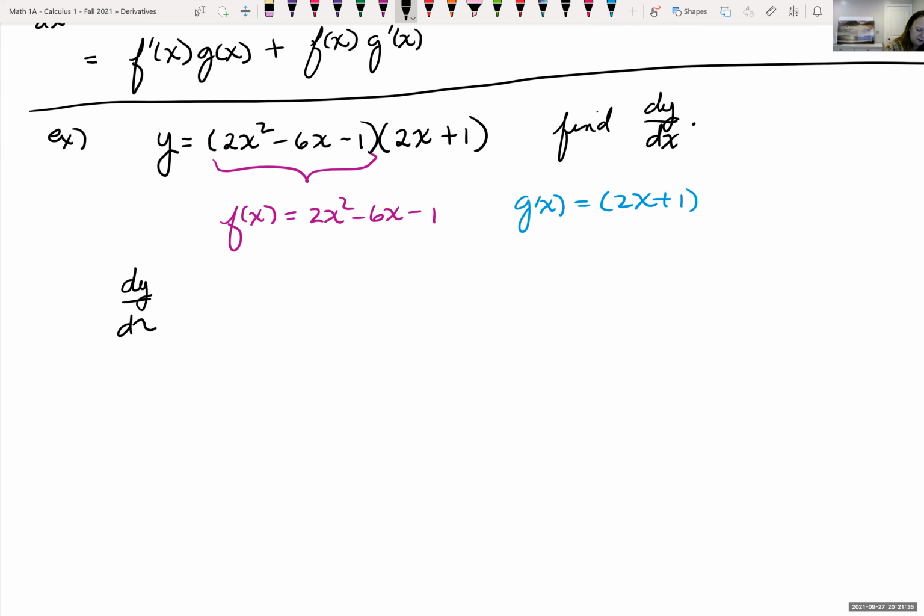So the derivative of y with respect to x equals the derivative of my first, f prime of x, times my second, g of x, plus my first, times the derivative of the second.